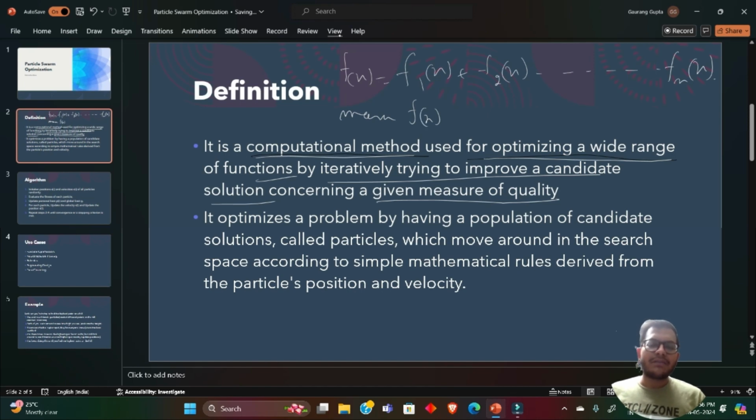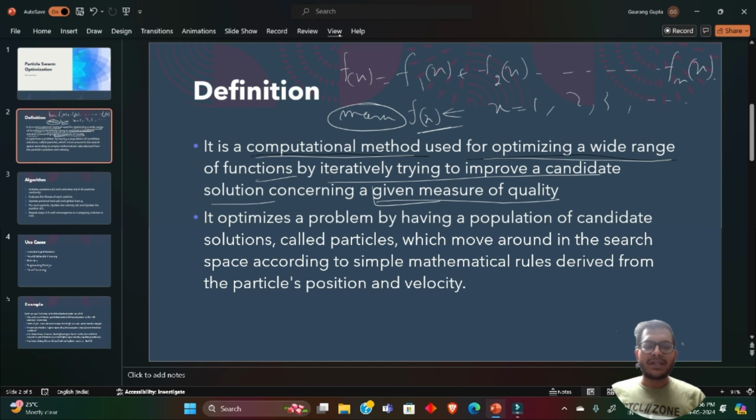So, now your objective is to find the value of x such that f(x) is maximum. This is the thing that you will be iteratively trying. Okay, let's put x equal to 1, then 2, then 3, then 4, and so on, whatever value you feel will be right. So, the given measure of quality is this maximum, that you have to maximize f(x).